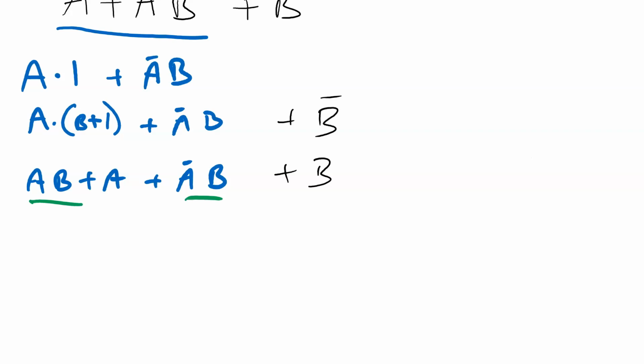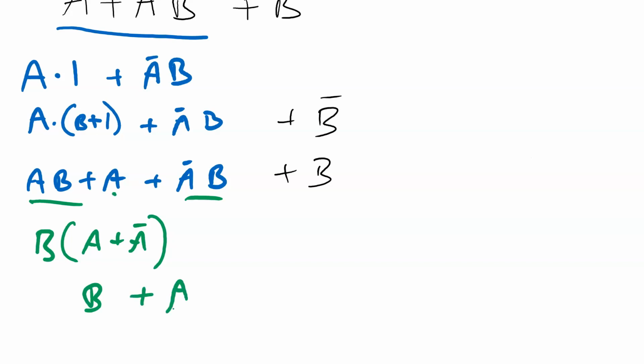Look, I've got two B's, so I can now take the B's out: A or not A, which of course just reverts to B, and that is or the A that's here, and we've still got the not B over here.